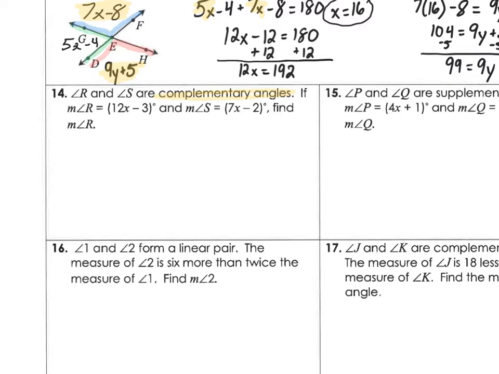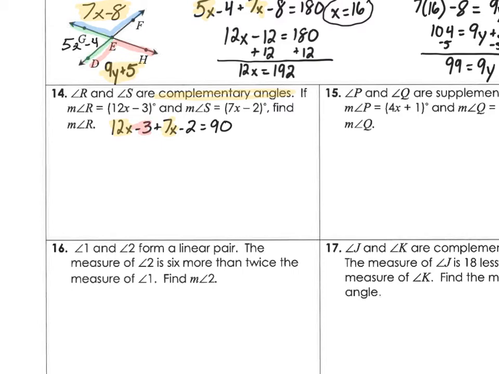Okay. So we said that they equal 90, right? Okay. Combine like terms. We have an x there. We have an x there.